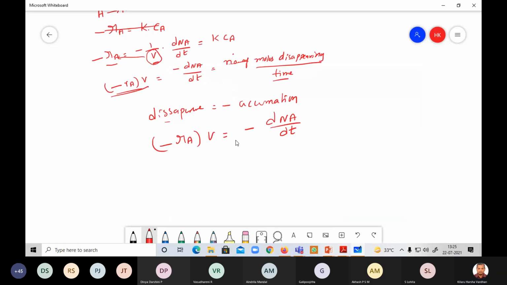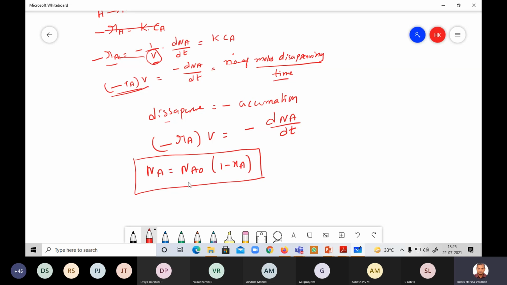So here one important thing is what is NA? NA is the number of moles of A. NA is NA naught into 1 minus XA. This is an important expression.